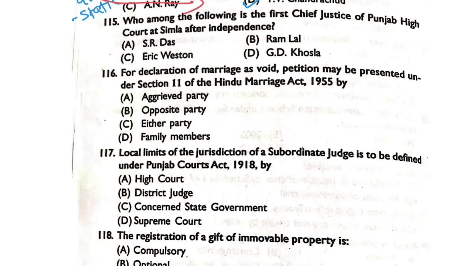Who among the following is the first Chief Justice of Punjab High Court? The answer to this is B. Then another local law question is 117. It's also a Bare Act based question from Punjab Courts Act.